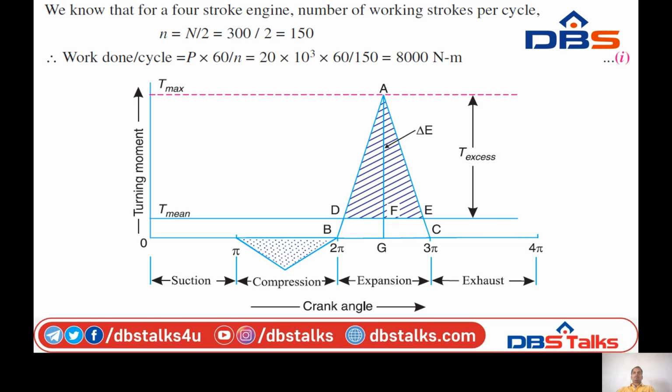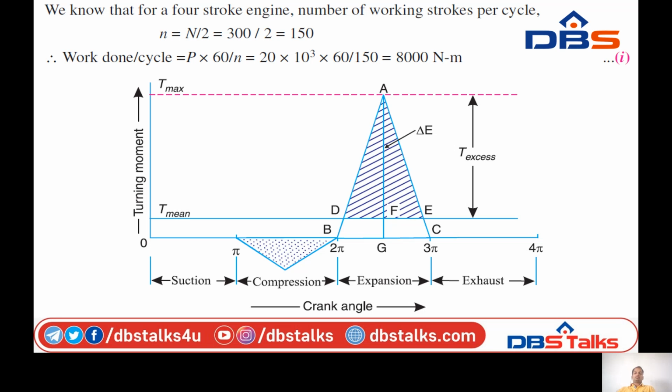Then work done per cycle is P into 60 by n. That is the formula we have already discussed for the single cylinder, four stroke engine. From there we have to collect the formula for number of working strokes per cycle and work done per cycle.